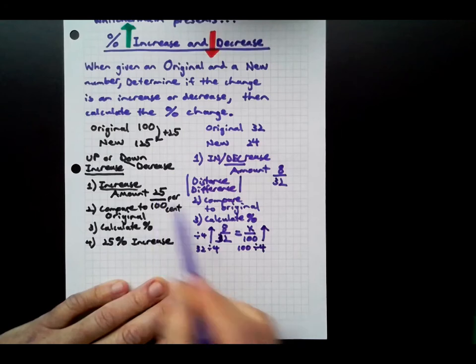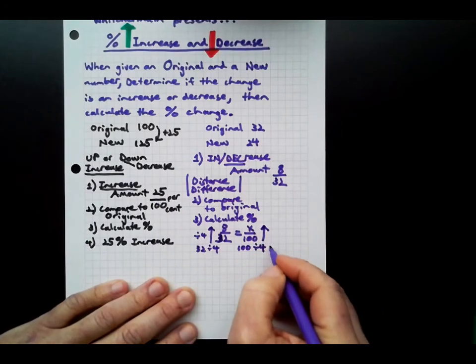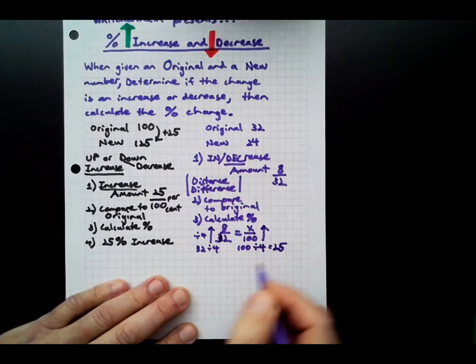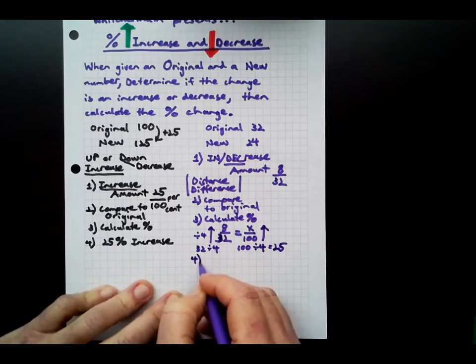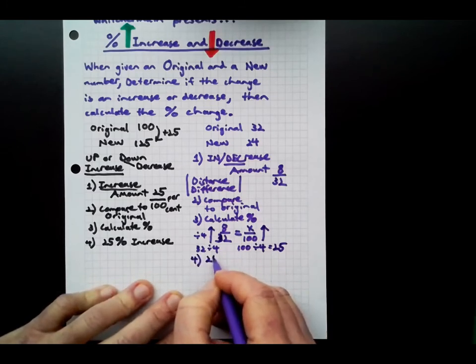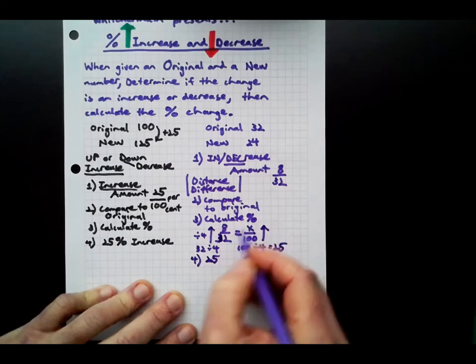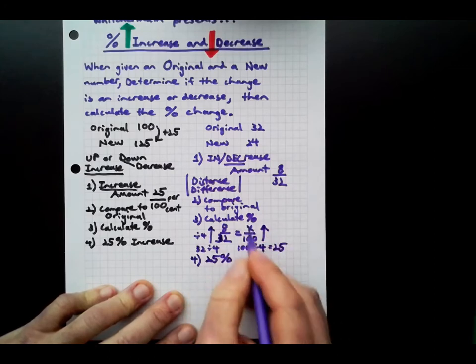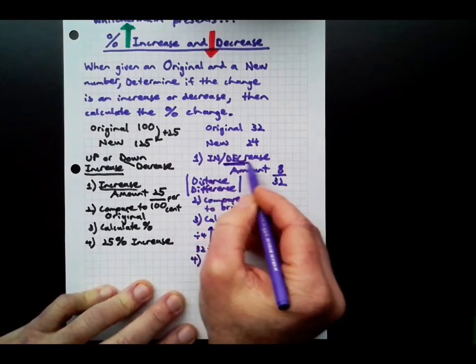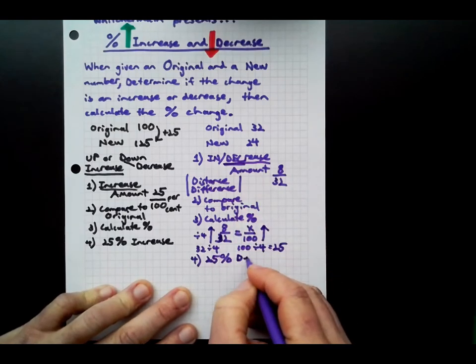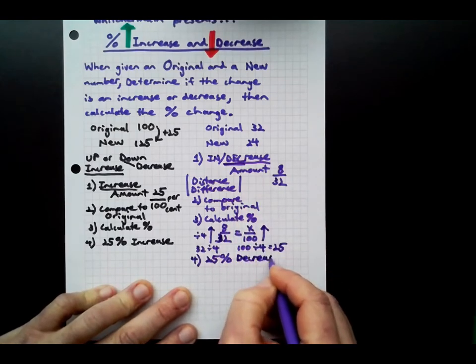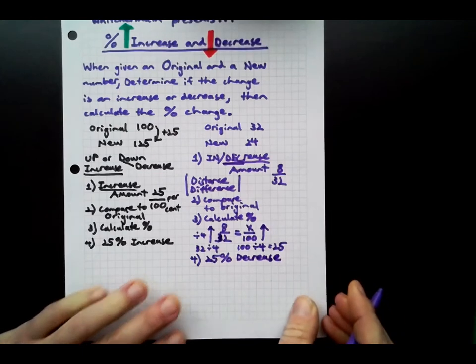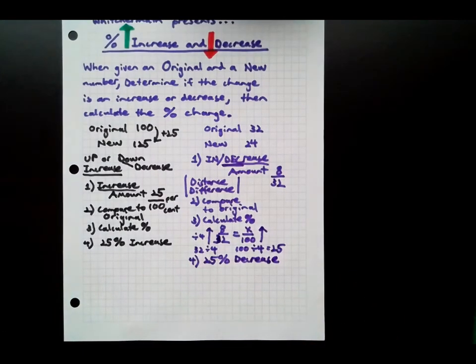And we look back here and we know the answer to that. That 25 means, here's step 4. We write the answer. We got our 25. Put the percent sign. And in this case, it was a decrease. We write the word there. We don't put negative 25%. It's a 25% decrease compared to the original.